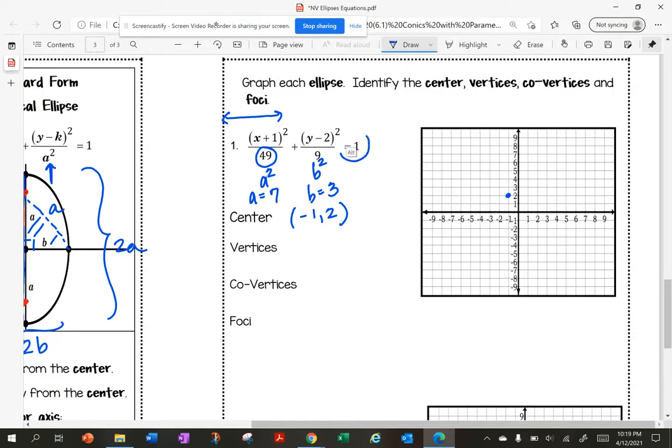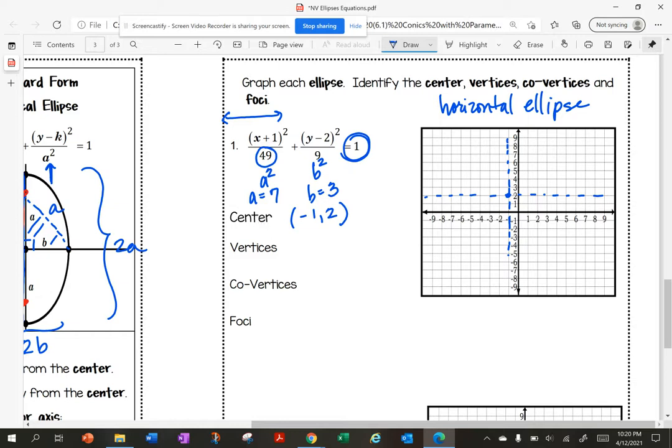I know I'm in standard form when I'm equal to 1. Okay, so my A value is my major axis. So here's my major axis. Here's my minor axis.